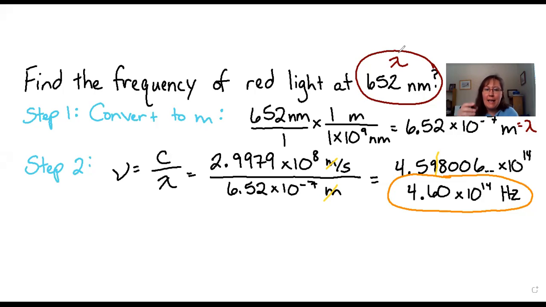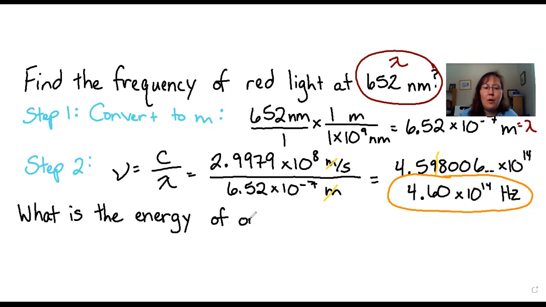But let's continue this and ask, what is the energy of our photon? This is the photon that we've just been working with here. So this is the frequency of, we'll call this a photon of red light.